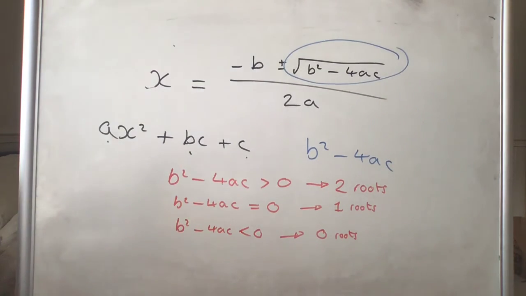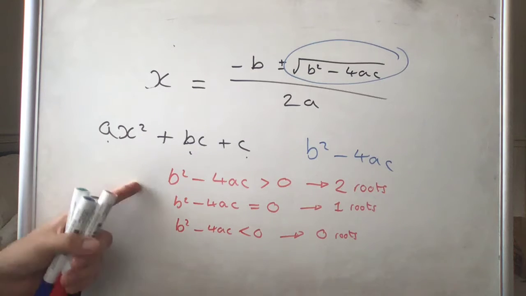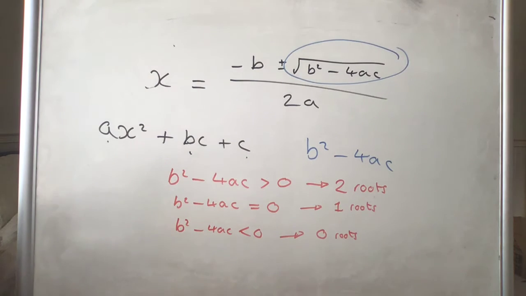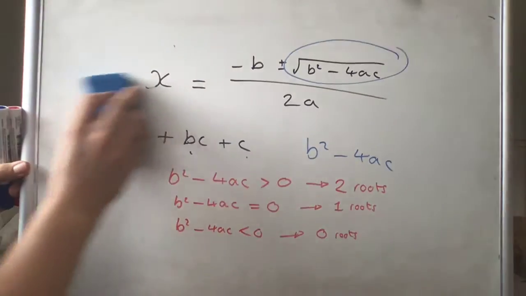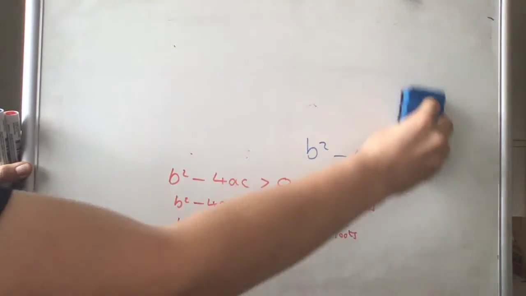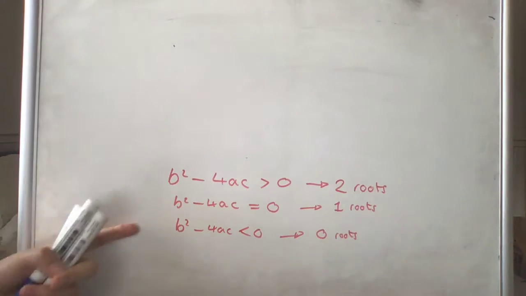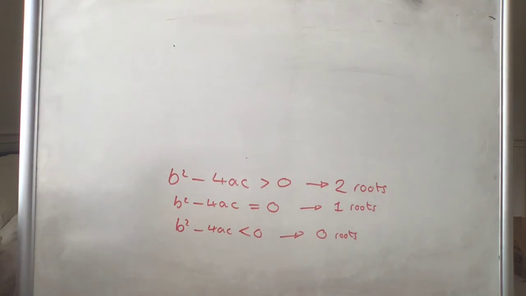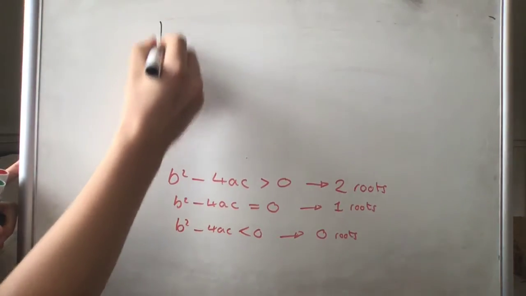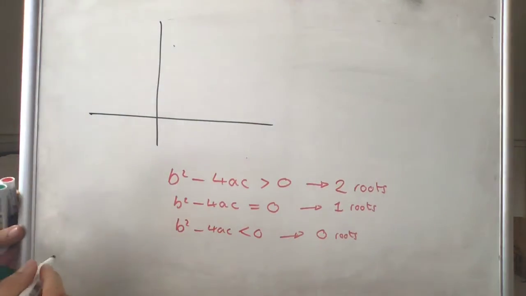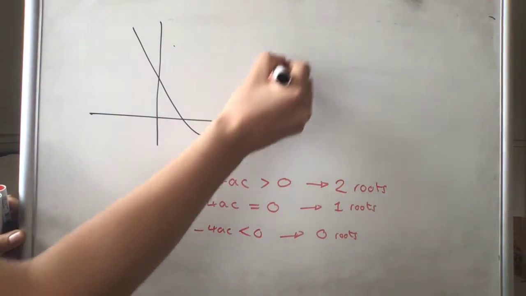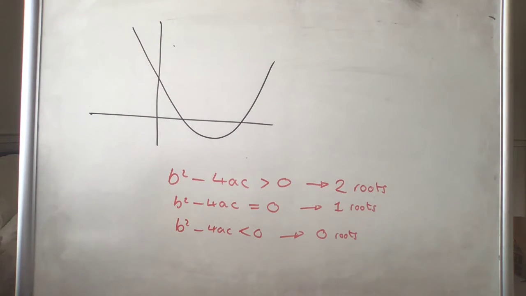Now, the other thing, by using this information, we can use the discriminant to check the shape of the quadratic graph, okay? So, for instance, let's have a look at some graphs quickly. So we've got our discriminants down here still. And if we had a graph that is shaped like this, so we've got a positive quadratic graph here.